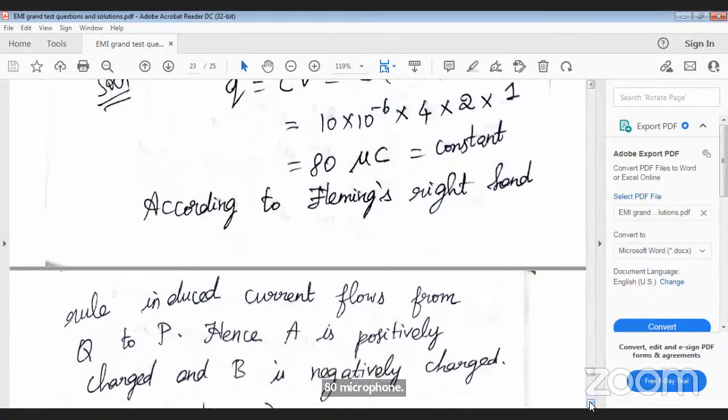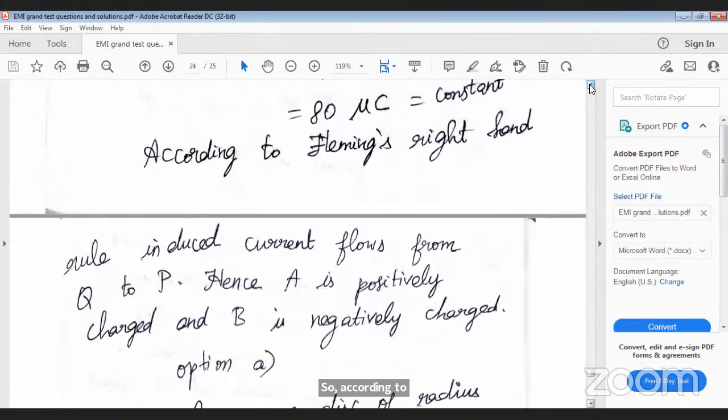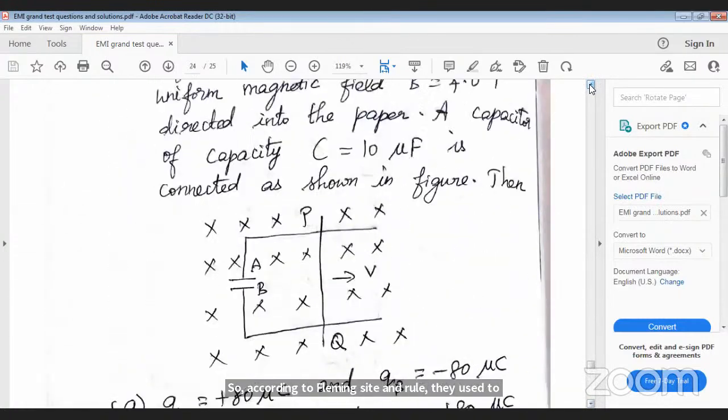According to Fleming's right hand rule, the induced current flows from Q to P. From the diagram you can see this. I have already told you, when the magnetic field is directed into the plane of the paper, as this cross mark suggests, the induced current flows in anti-clockwise direction.